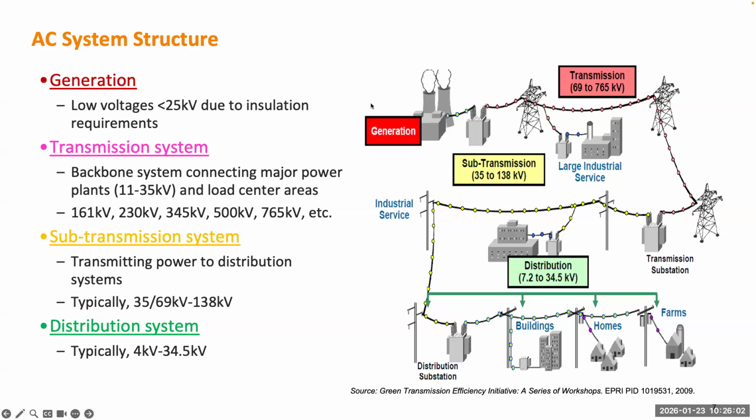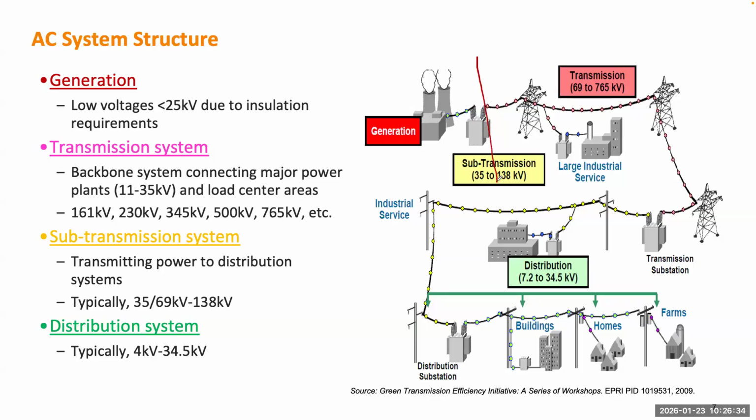By generation, we usually mean the generators in the power plant, which generate electricity from thermal energy, or, if it's a hydro power plant, from the potential energy and kinetic energy of the water. This part will stop at some transformer.